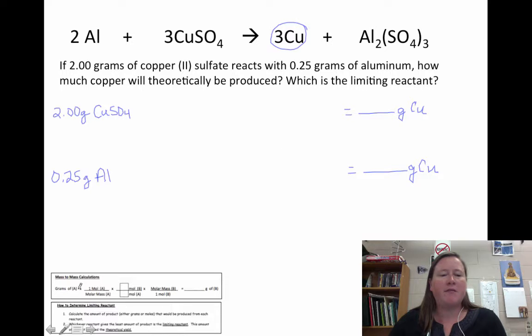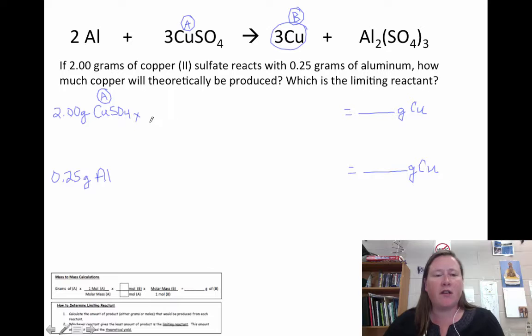This is a mass-to-mass problem. Starting with the mass of the first substance, copper sulfate in the first one is A, and our B is the copper. It's already balanced for you.